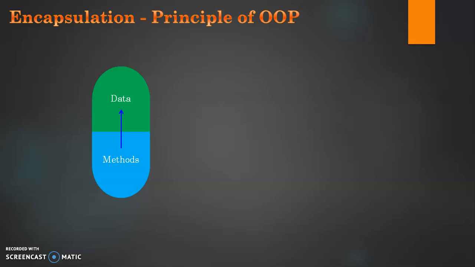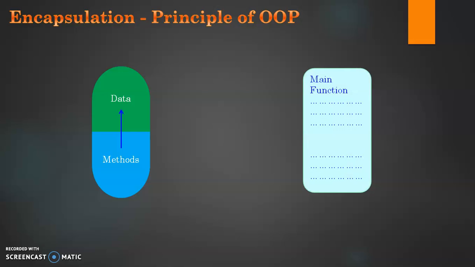Now, let us suppose we have another part of the program called the main function. The function of an object can only access the data items. If you try to access the data members from this function, it will be restricted. The data can only be accessed through the methods.